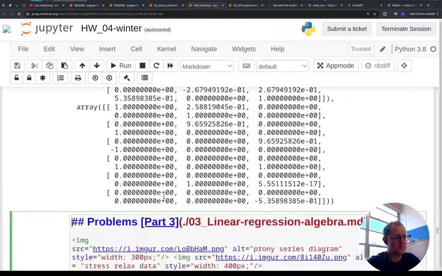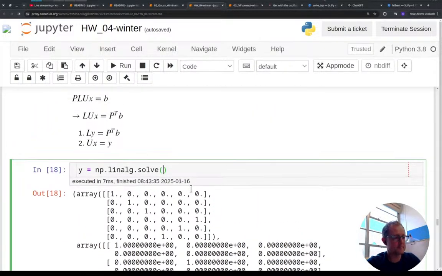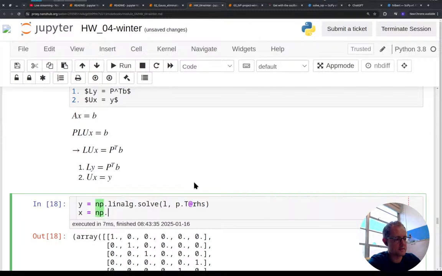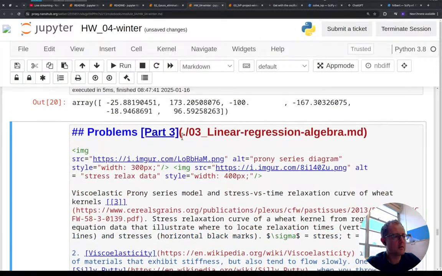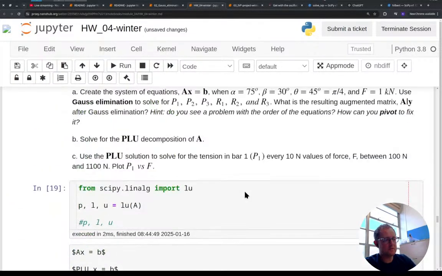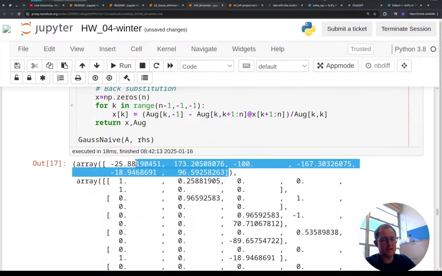So I can do this. Y is linalg dot solve of L and P dot transpose at RHS, and then X is linalg dot solve of U and Y. And sure enough, these values are the same values that I had just gotten from my Gauss elimination method.